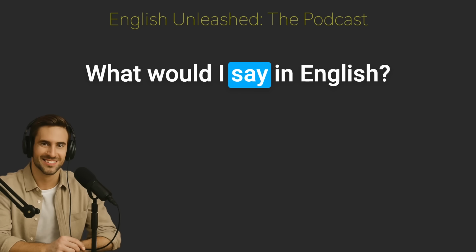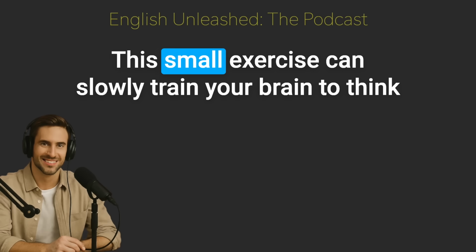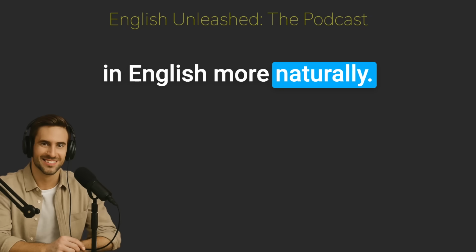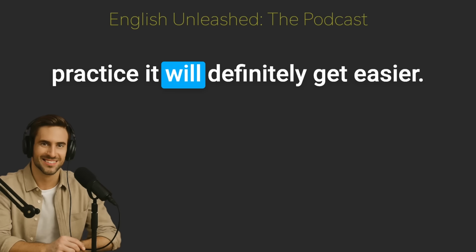What would I say in English? This small exercise can slowly train your brain to think in English more naturally. Again, at the beginning, it might be a little bit difficult, but with practice, it will definitely get easier.